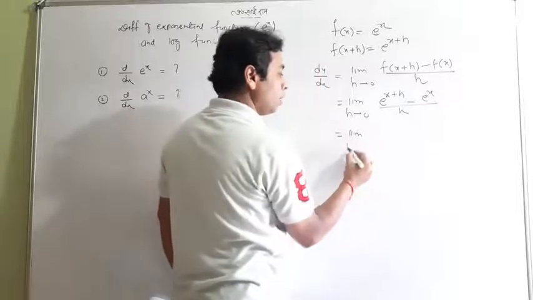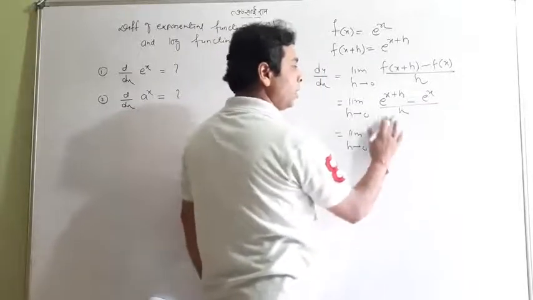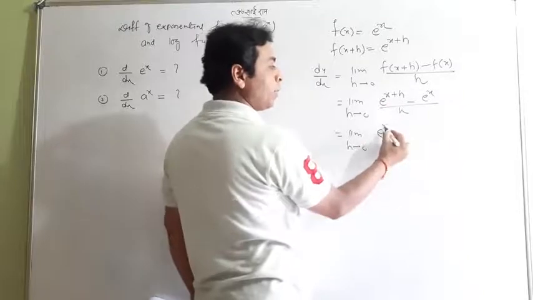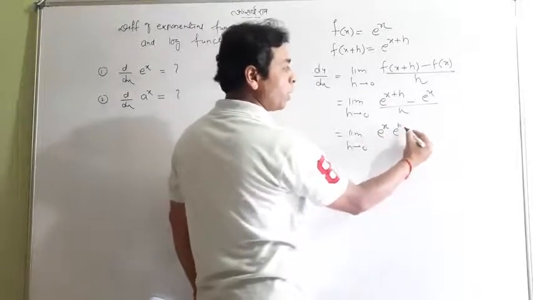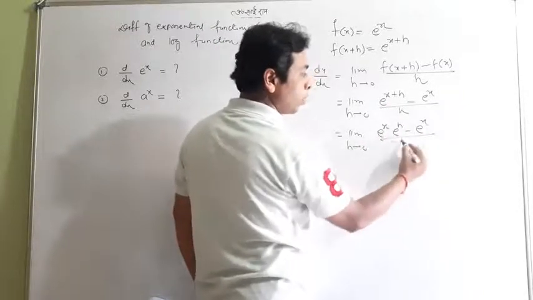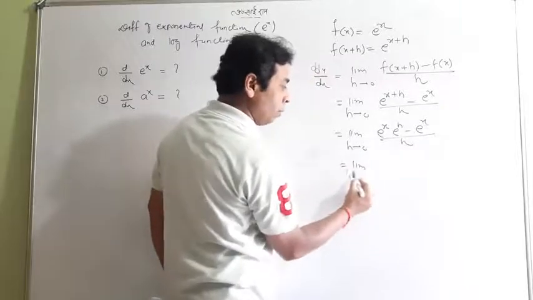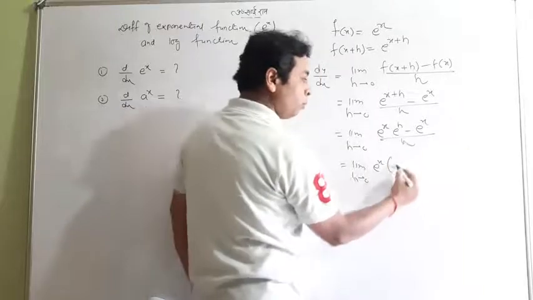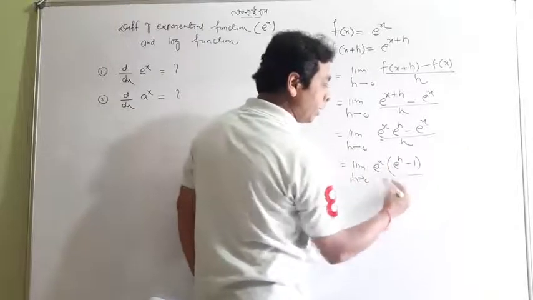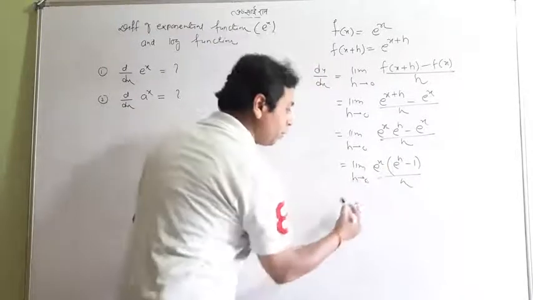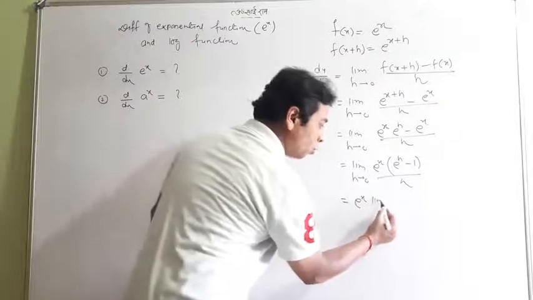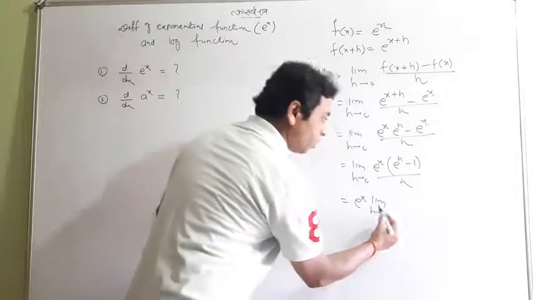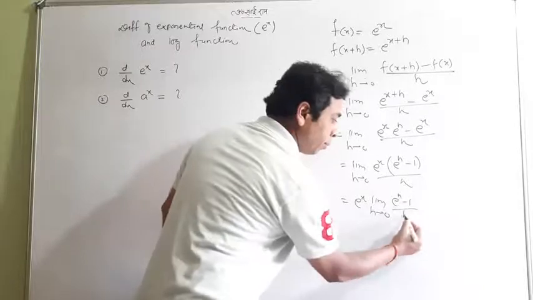Now quickly, e to the power x plus h can be written as e to the power x into e to the power h, minus e to the power x, upon h. Now I will take e to the power x common. So in both we have remaining e to the power h minus 1 upon h. e to the power x will come out as it is, and the remaining is e to the power h minus 1 upon h.